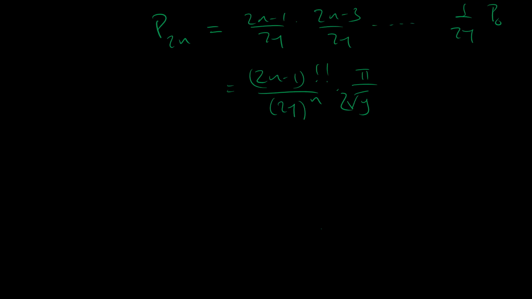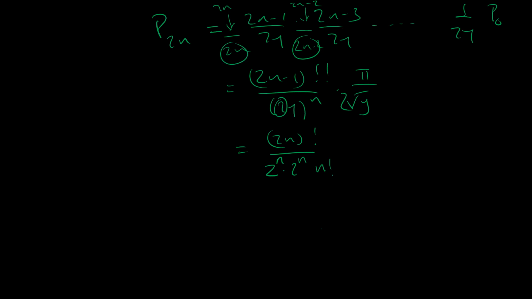We could also play around and say, okay, we can plug 2n here, we can plug 2n minus 2 here, but also in the denominator, and then we pull the 2's out, so in essence we'll have 2n factorial here, and then 2 to the power n, and then pull the 2 out here as well, so we have 2 to the power n, and then below we have n factorial from these guys because we removed that out, and then we are left with the y.